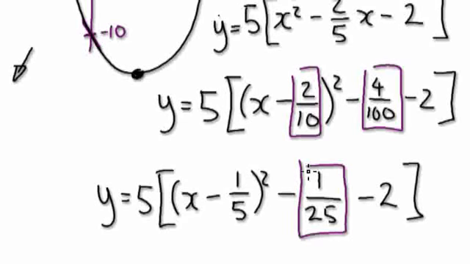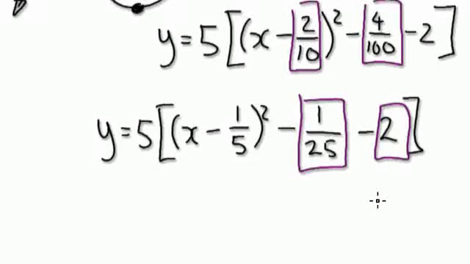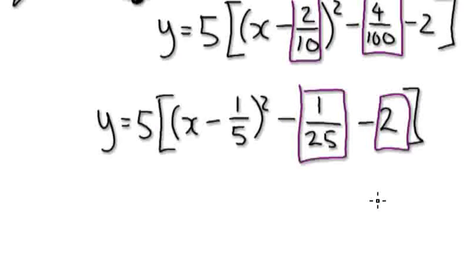Now let's try and merge these two together. So turn the 2 into a fraction. Turn the 2 into 2 over 1, and then times top and bottom here by 25, just so that the two denominators will be the same.